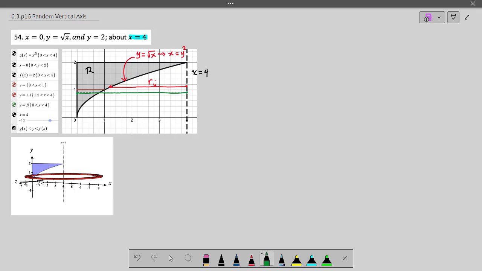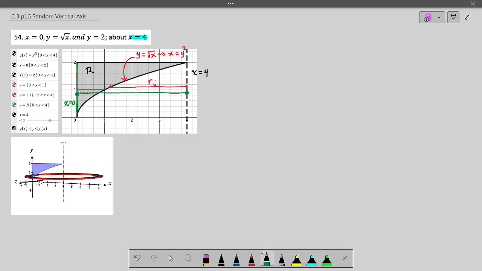Now let's look at the other curve. Again, we already did the right curve. The right curve is x equals 4. How about this left curve? What is that written as an x value? X equals 0. So this line right here, that line is x equals 0. That's the equation of that line.